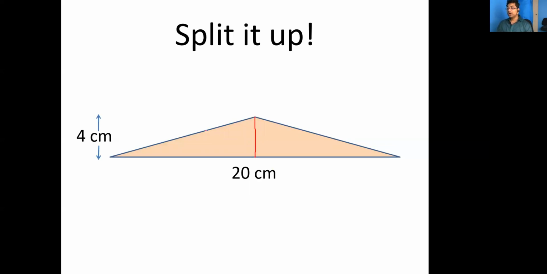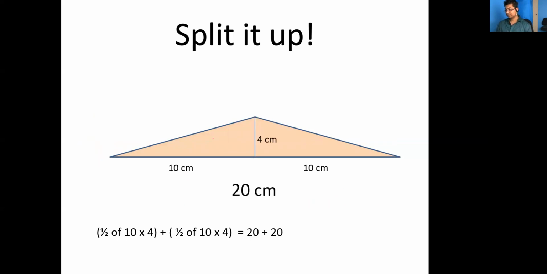You know that the hypotenuse square for a right angle triangle equals base square plus height square, right? So you will easily get the length. Here the height is given as 4, but sometimes it will not be given. In this problem, it's given. So you can easily solve half times 20 times 4, so it will be 40. Okay, so it's 20 plus 20, in total 40. Make sense?